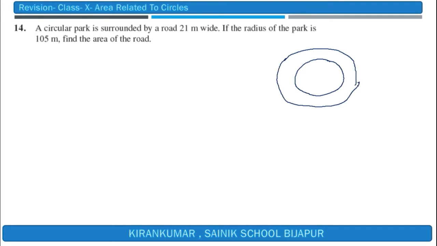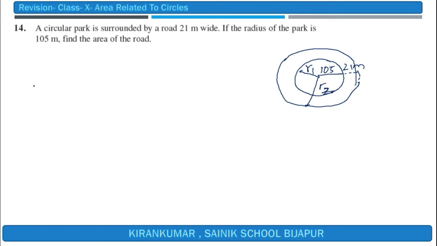The radius of the park is given, it is 105 meter, and the road is 21 meters. So we have got the two radii. Let me call the larger one as R2 and the smaller one as R1.